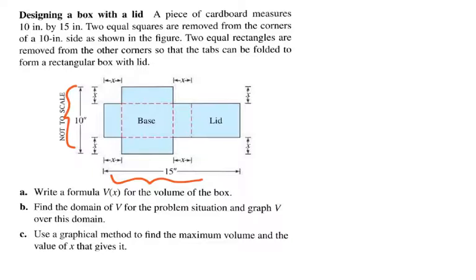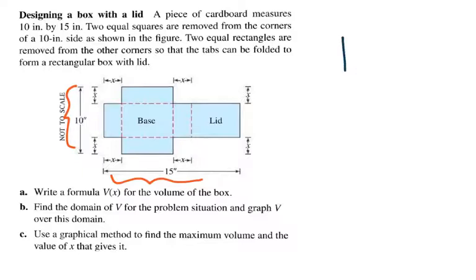And we'll use a graphical method to find a maximum volume and the value of x that creates it. All right, and then what we'll do is we will confirm this analytically. We'll use derivatives in order to help us solve this with calculus.